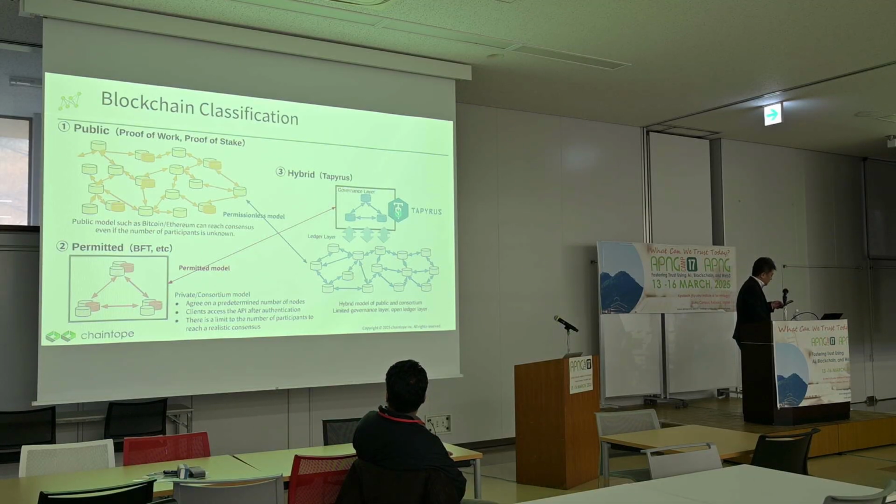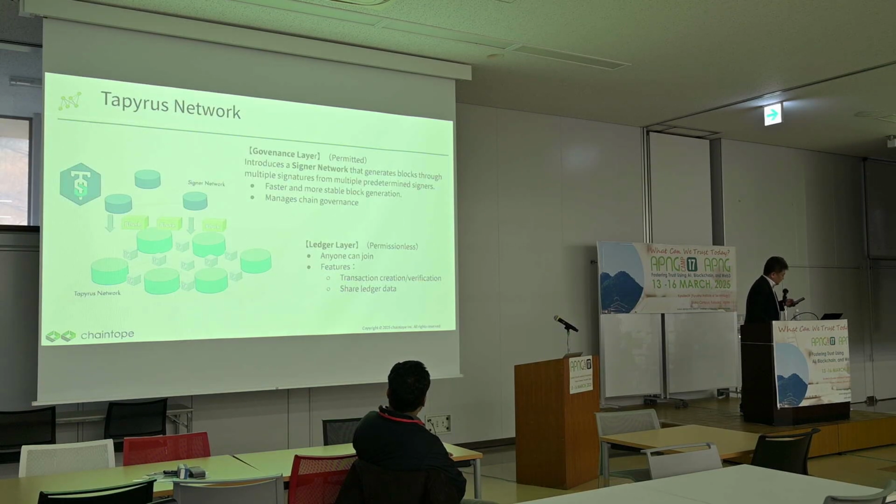The third is a hybrid model of these two types. Papyrus, which we are developing, is this model. Papyrus consists of a permissioned governance layer and a ledger layer that anyone can join. Let's look more specifically. The permissioned governance layer introduces a signer network that generates blocks through multiple signatures from multiple signers. This means that only predetermined members can participate.